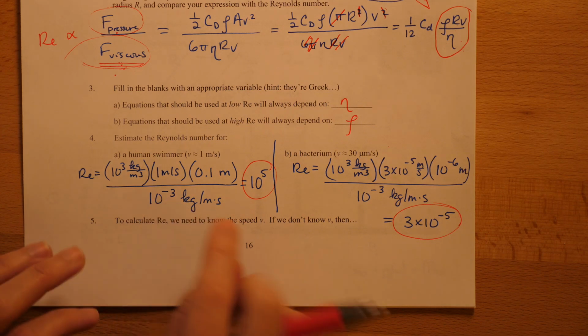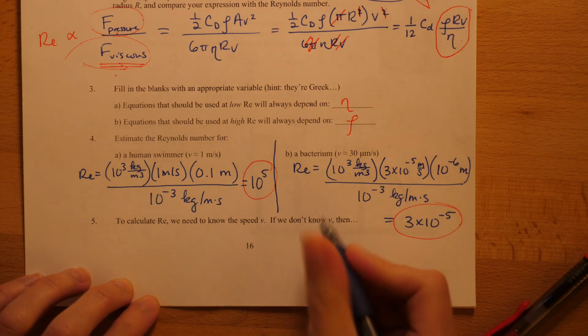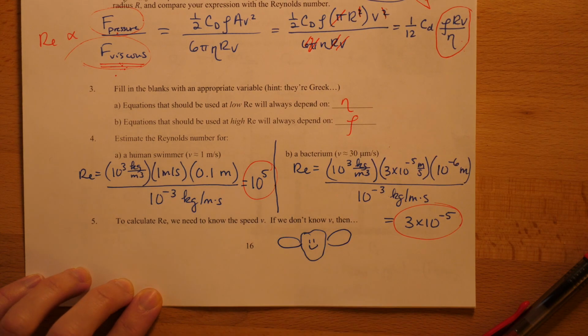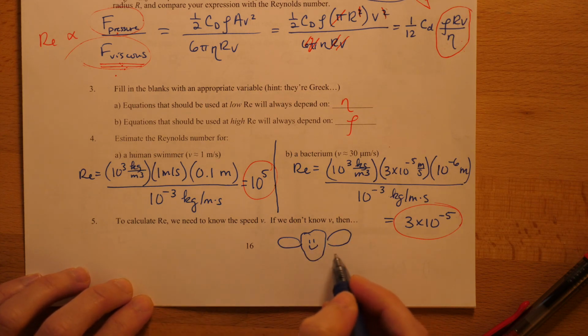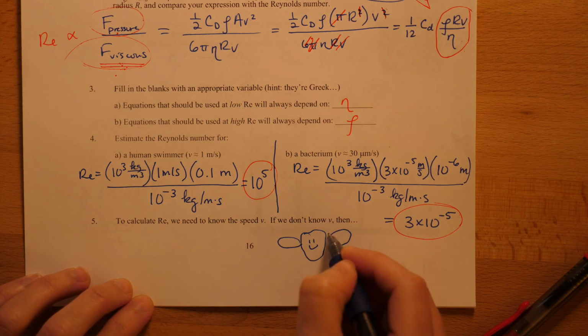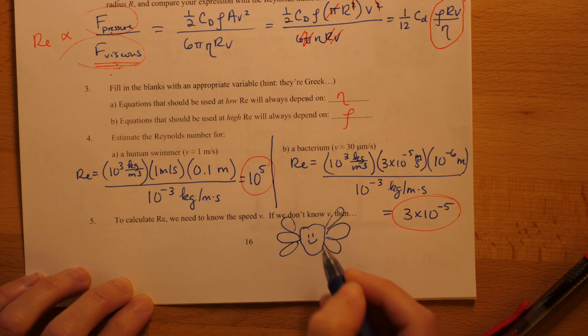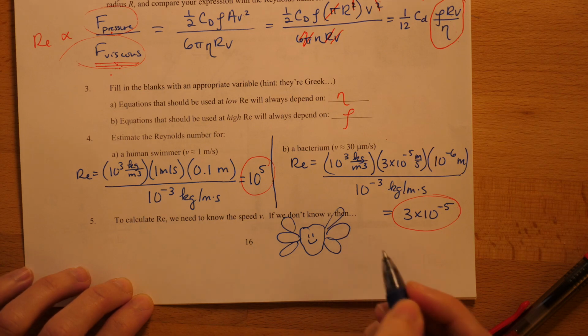So this is also the reason why bacteria don't have wings. You don't see little amoebas running around with flappy wings, right? You don't see that because suppose you were swimming in honey and you tried to use wings to move through the honey. Well, when you moved your little wings up, your little body would move down, and when you move your wings down, your little body would move up, and you would just stay there and you wouldn't move anywhere.